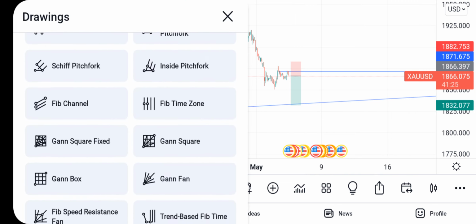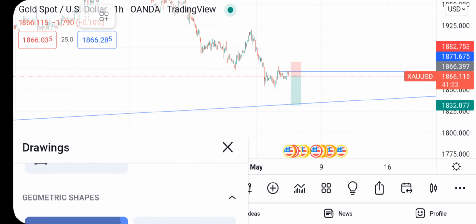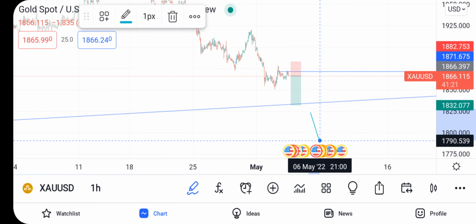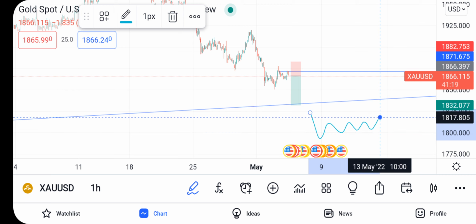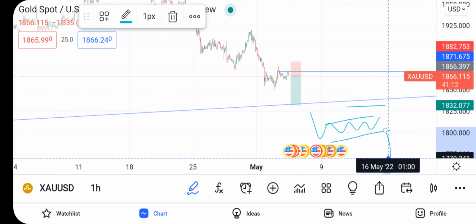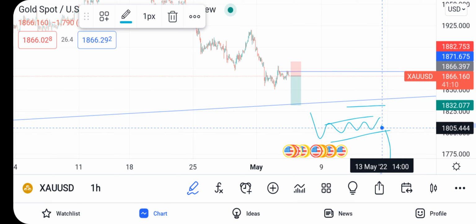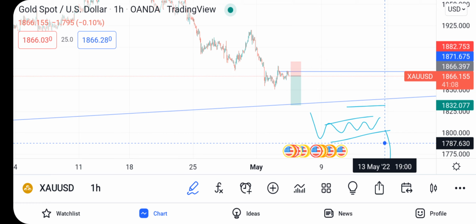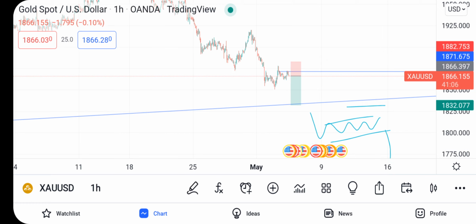If it's the downside, then I'll wait for this to happen there, and then my trend line there, my stop loss will be there, and I scale in again. I enter again when I see the break to the downside. That's what I'm talking about.